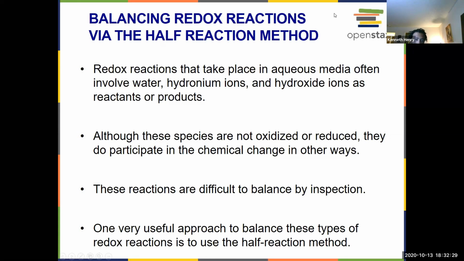But sometimes reactions can be very difficult to determine and balance by just inspection. So the way that you would do it is you would break it up into half reactions. Although I hate the half reactions, they do come in handy when you're trying to balance or to understand what's going on, okay?